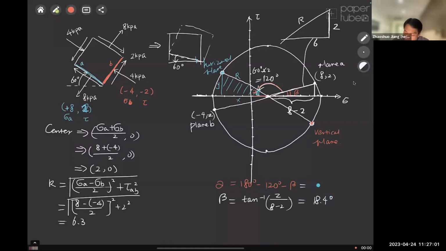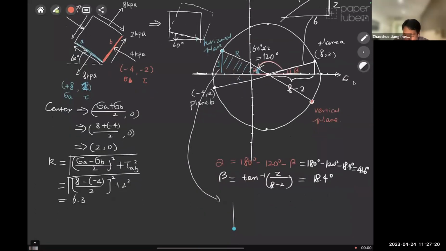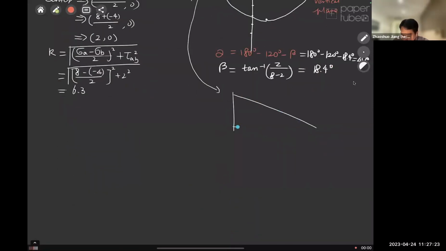Now, the alpha can be calculated as 180 minus 120 minus 18.4. That would give us 41.6 degrees. Once that is identified, we can take a close look at this triangle. For this particular triangle, we identified the angle is 41.6 degrees, and the R is 6.3.